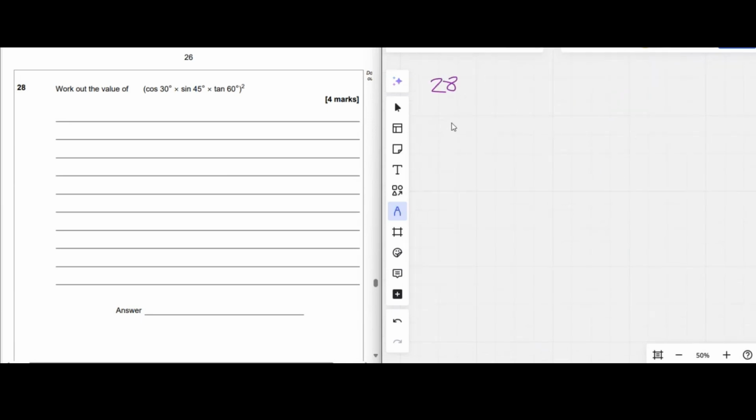28. Work out the value. Cosine of 30 times sine of 45 times tangent of 60, and that whole squared.